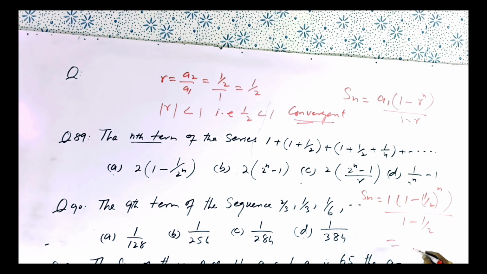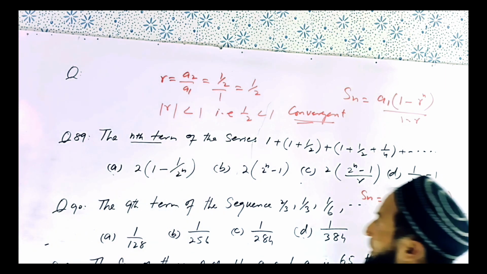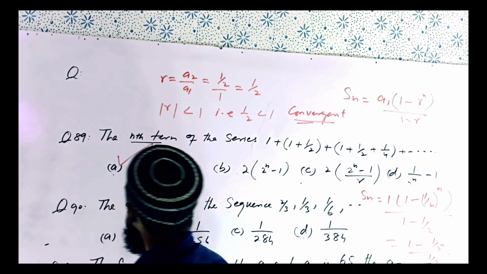So we will get 1 minus 1 by 2 power n divided by 1 by 2. So this will be 2 into 1 minus 1 divided by 2 power n. Here check the answer, A is the correct option.